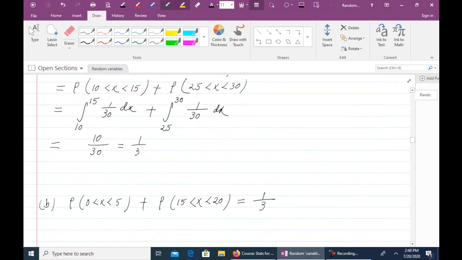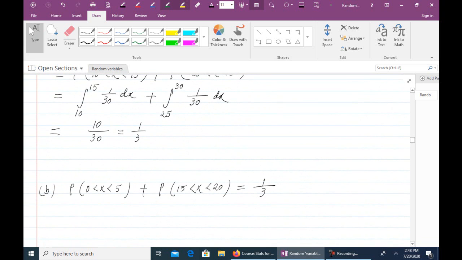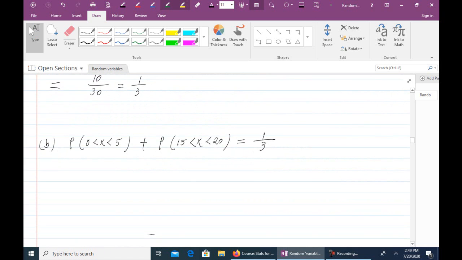So we have to find the probability that x is between 0 and 5, and the probability that x is between 15 and 20, and then add them up.